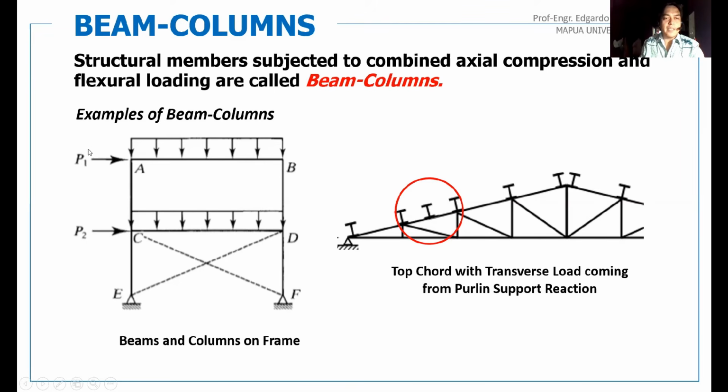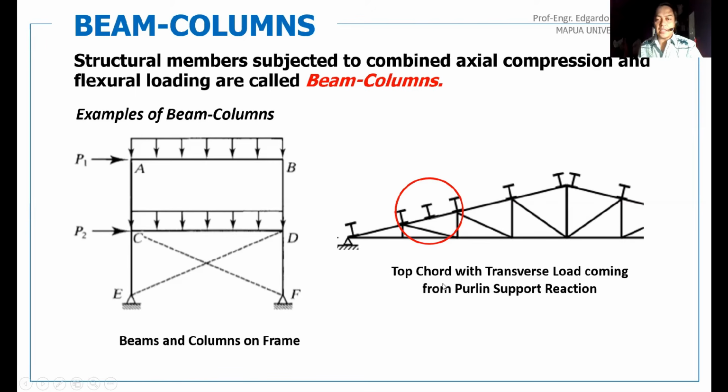However, because of the presence of P1 and P2, which are lateral loads, axial compression is induced on the beams as well. Therefore, beams AB and CD must also be designed as beam columns. Basically, columns and beams, especially in a moment resisting frame, are considered beam columns.